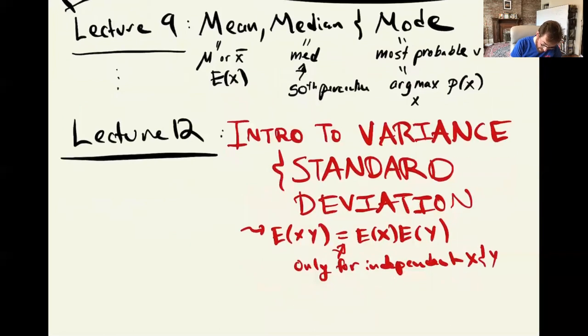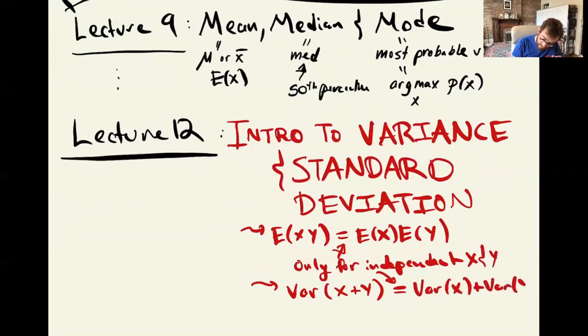And then the consequence of this is going to be that the variance of the sum, only for independent, ends up also equaling the sum of the variances. Again, only under the assumption that x and y are independent.